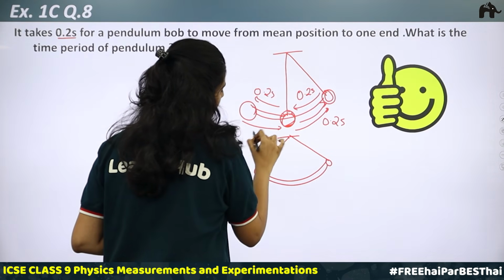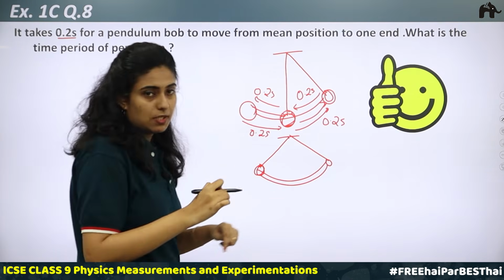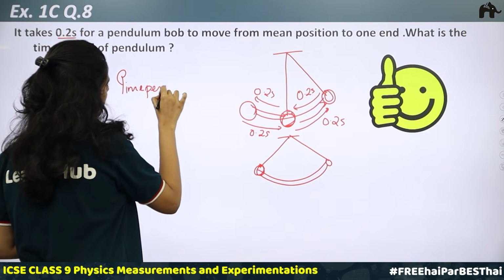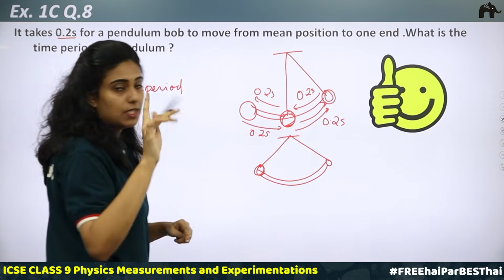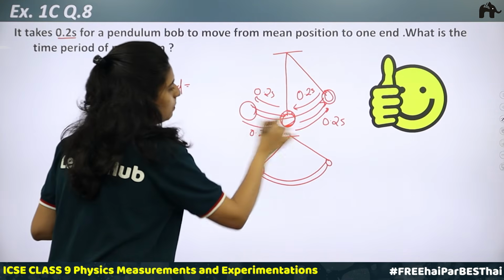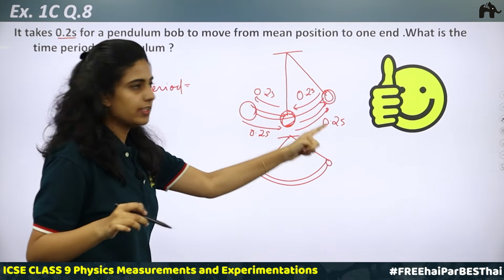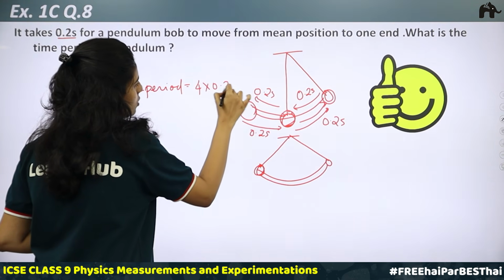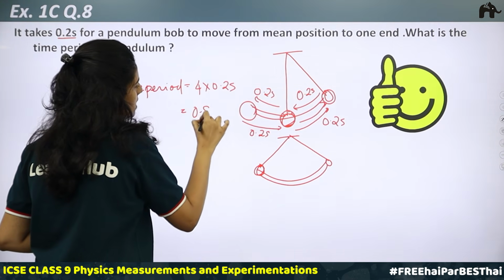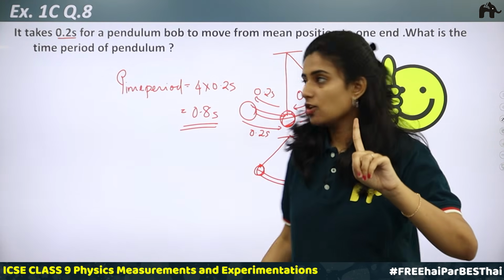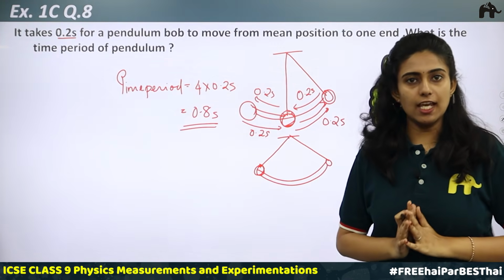From here to here, again 0.2 seconds. Which means the time period, the time for one complete oscillation, will be equal to 0.2 plus 0.2 plus 0.2 plus 0.2, which means 4 into 0.2 seconds equal to 0.8 seconds. For one complete oscillation, it takes 0.8 seconds.